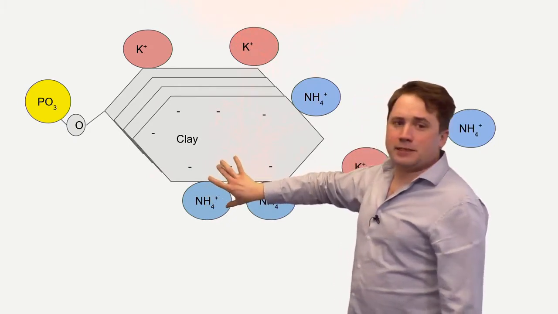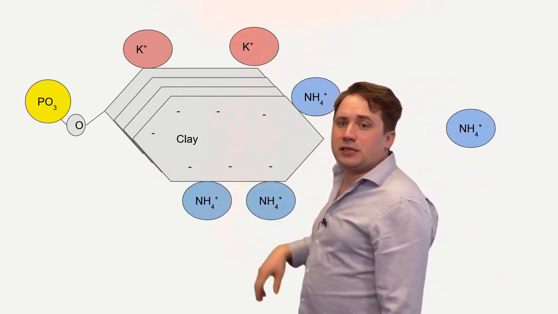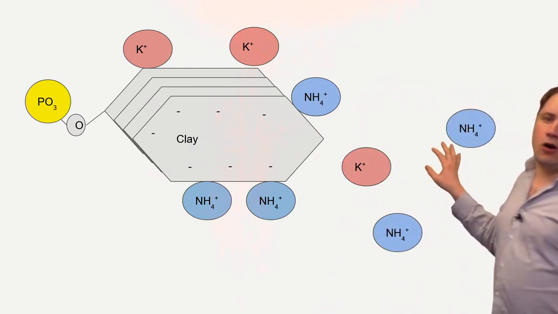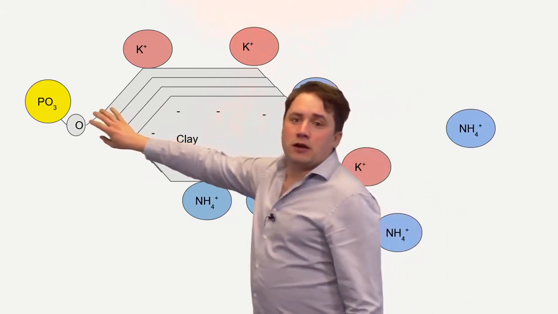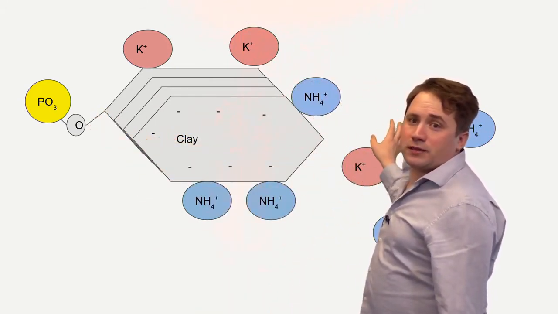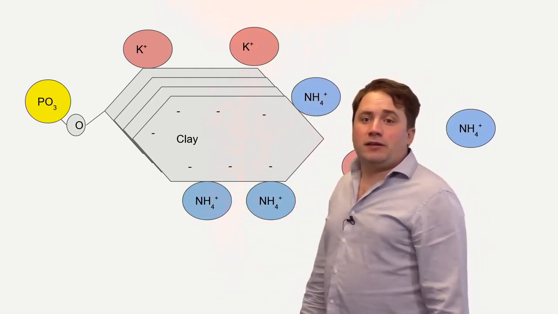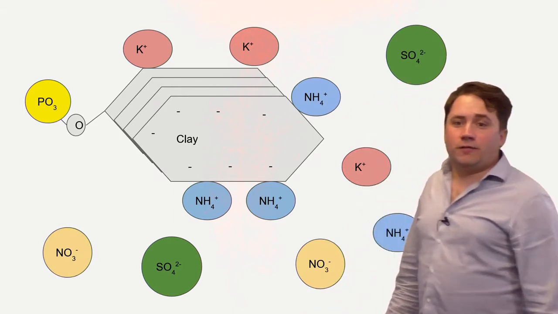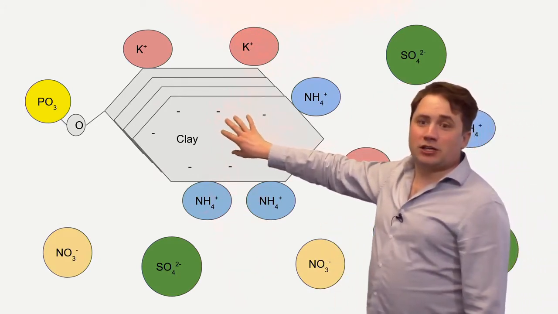And so these opposites attract, you might have these positively charged ions being attracted to the negative clay surfaces, but not all that well. Like this attraction is far less strong than this bond up here. And so you might have some of these just kind of float off into the stream, whereas others are retained. Finally, things like sulfate and nitrate in the stream don't have any electrostatic attraction to this clay particle.